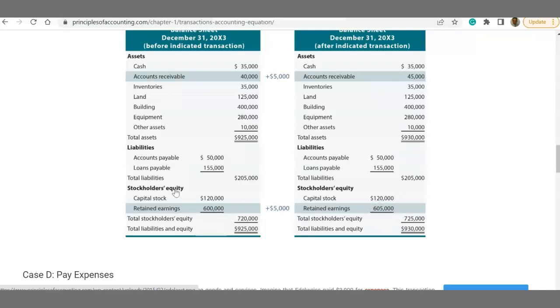So in this example, they increase the accounts receivable, they send an invoice to a client for $5,000. What is the effect on retained earning? The effect is 600,000 beginning retained earning plus 5,000 net income minus 0 dividend equals end retained earning of 605. So 605 is the correct answer.